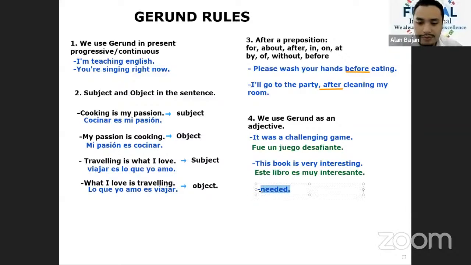For example, sometimes I say, my shaving cream bottle is empty.